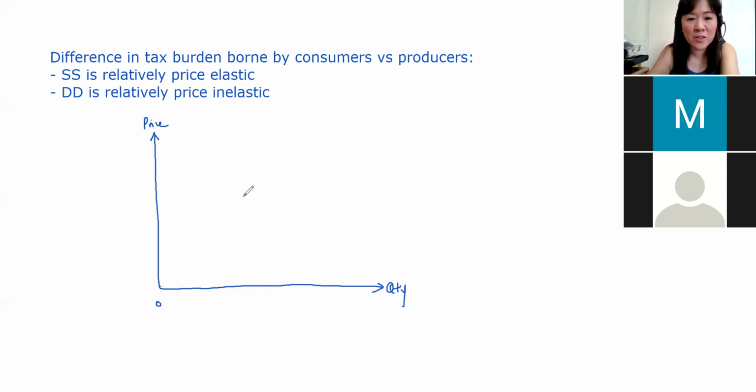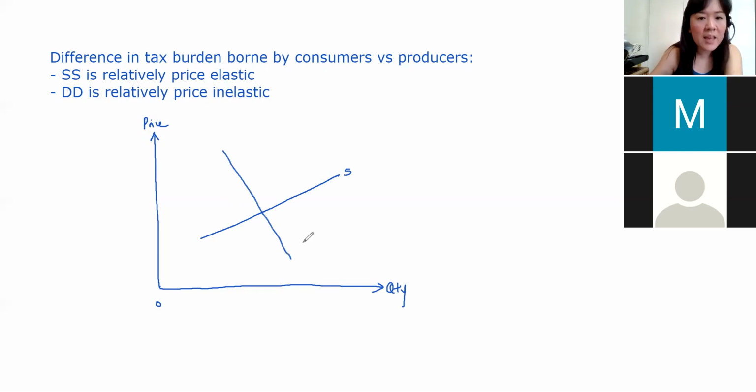Then we have a demand that's relatively price inelastic, so we have to have it relatively steep, something like this. Now the original or initial equilibrium price and quantity is where demand intersects with the supply curve. So this is our QE, equilibrium quantity, and equilibrium price, PE.